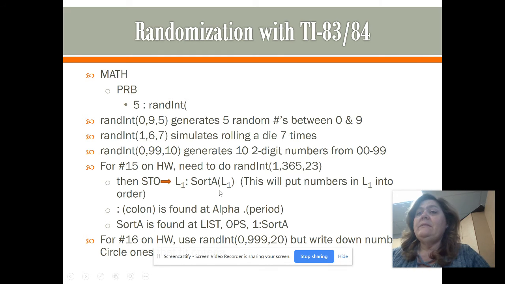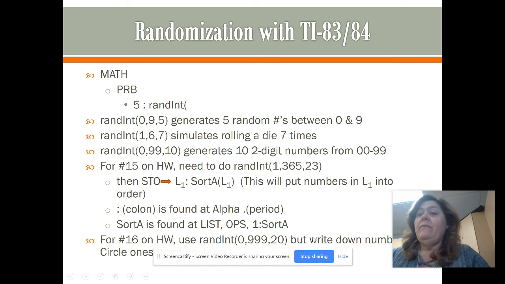And then if you use this same command, your colon, sort ascending order. So that will put your numbers into L1 and put them in order, which will be very important. I just put here that colon button is found at alpha period. So find that if you use the alpha command and then the period command. And sortA is found under list, ops, and then option 1 is sort ascending.